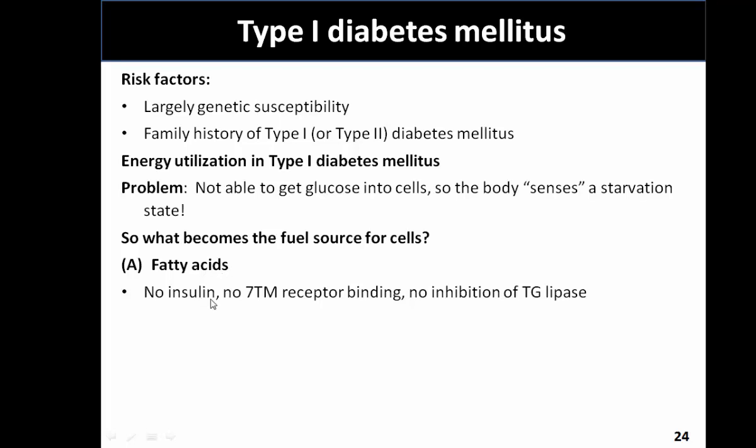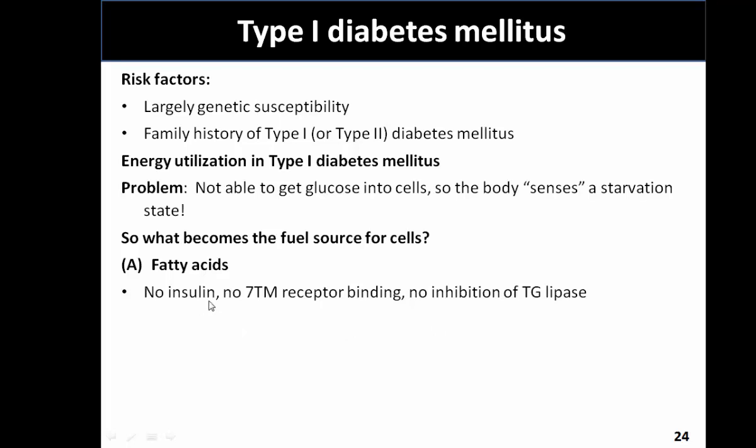So without insulin, we don't have 7-TM receptor binding. 7-TM is a protein receptor on fat cells that will trigger the activation of triglyceride lipase. So insulin has the effect of inhibiting triglyceride lipase, hence insulin having a fat storage effect.